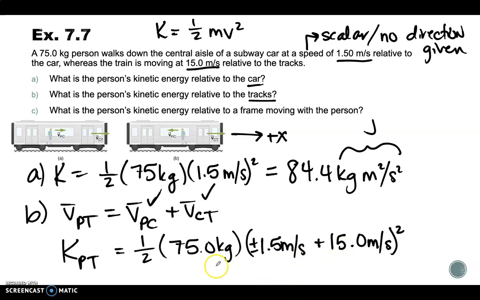Okay, so let's go ahead and continue this on our next page. So K sub PT is equal to 1/2 times 75 kilograms. And then I'm going to reorder it so it looks a little nicer.